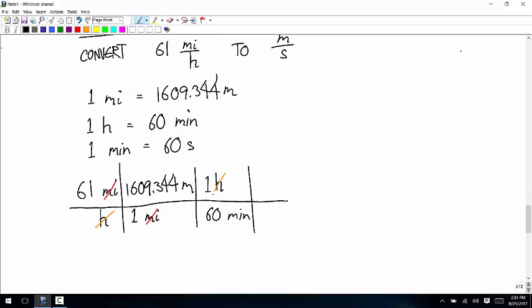The last step is we want to go from minutes to seconds. What's the unwanted unit? Minutes. So I want to go 1 minute over 60 seconds, which cancels the minutes. The units we have left are meters over seconds, and it comes out to be something like 27.26 meters per second.